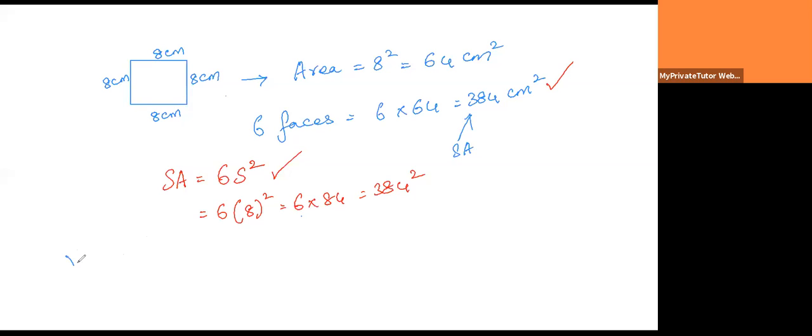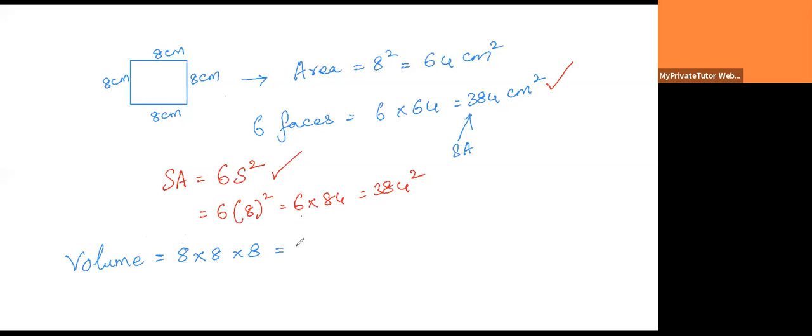So how to find the volume? I hope you know that a three-dimensional shape has 3 dimensions: one is length, one is width, and the other is height. Since it's a cube, all the edges are the same.